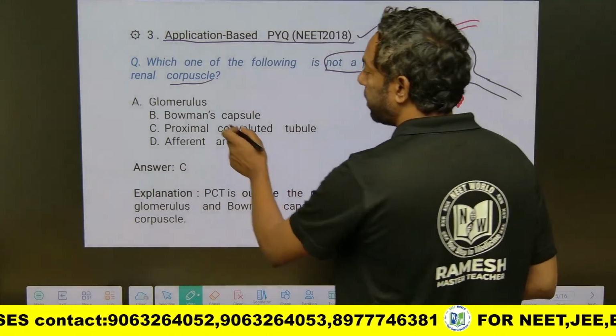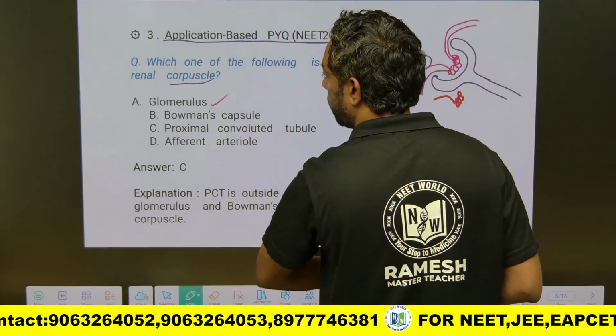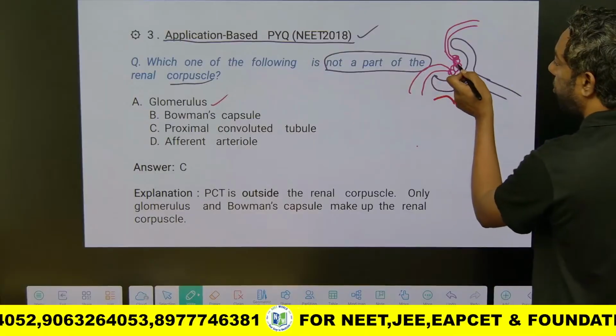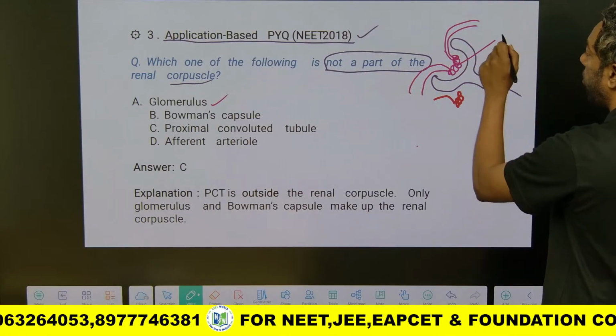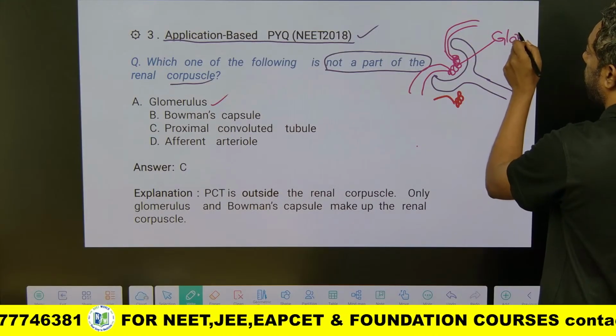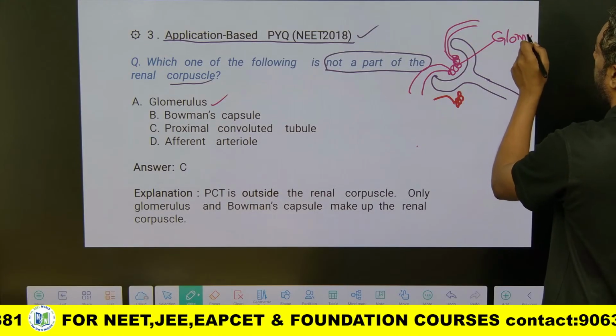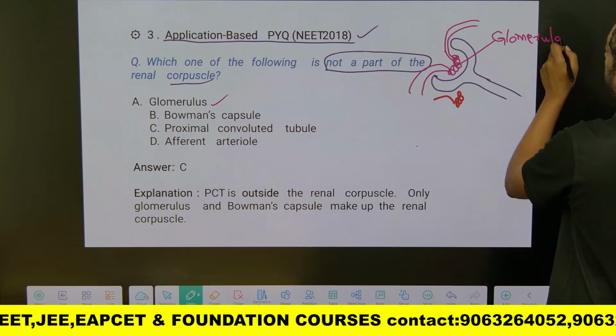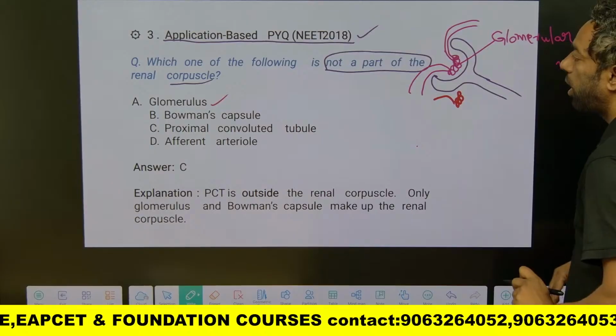So guys, option A is the glomerulus, the part of the capillary network, the glomerular network, okay.